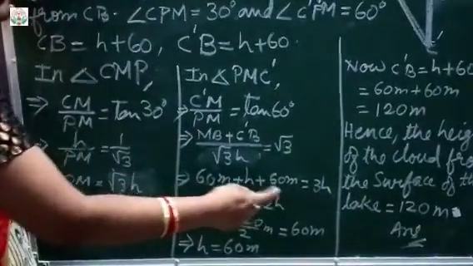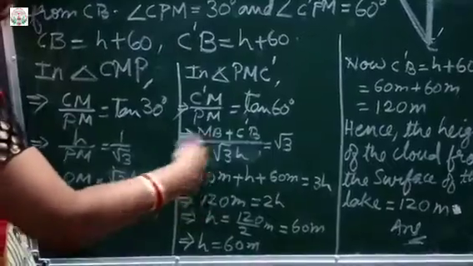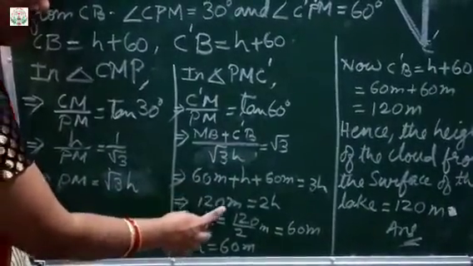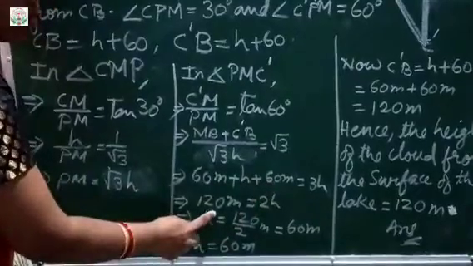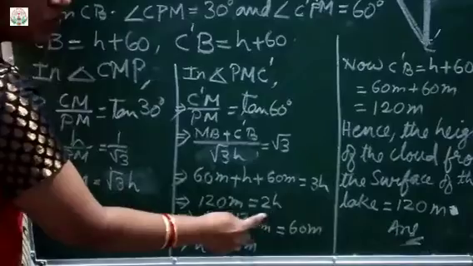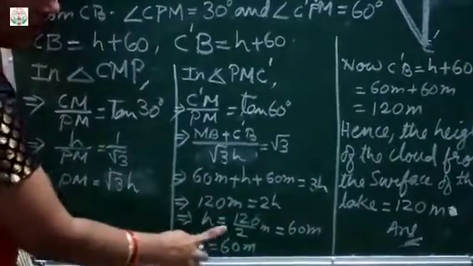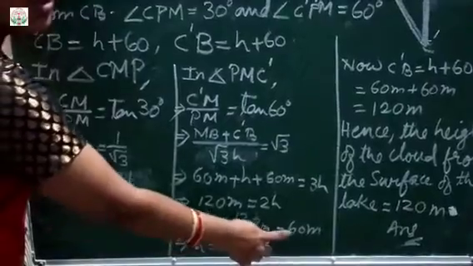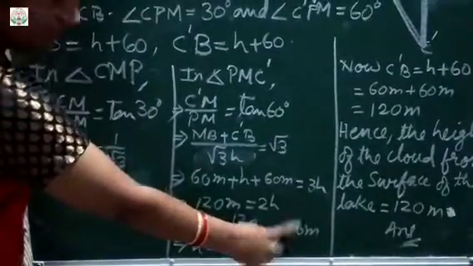Now we take the variables to one side and constants to the other side. That is 60 meter plus 60 meter is 120 meter, equals 3h minus h, which is 2h. So h will be 120 upon 2 meter, which equals 60 meter.